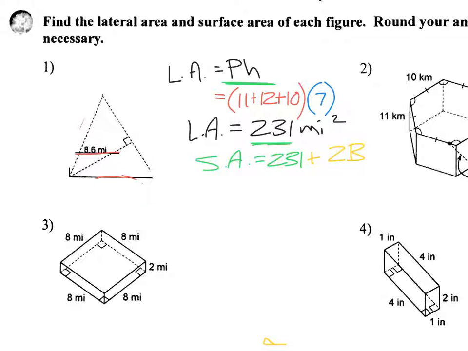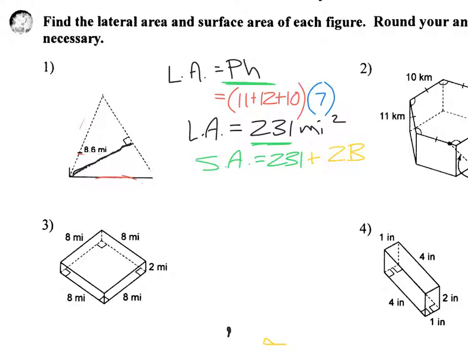All right. Now, this 8.6 here is actually the measure right there of the height of the triangle. So that's the height of the triangle.